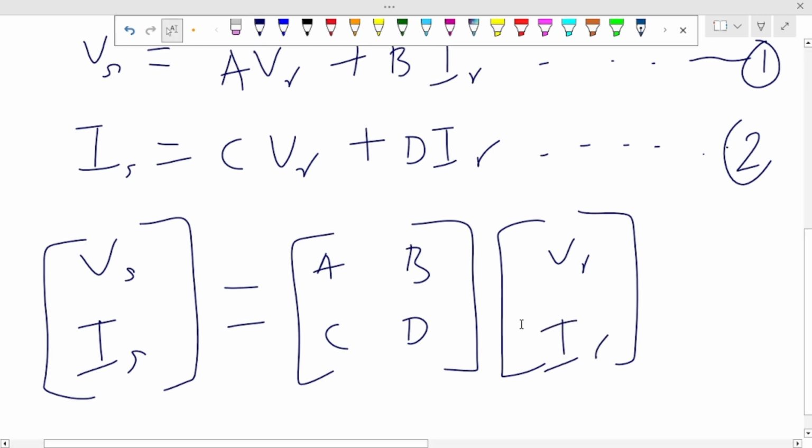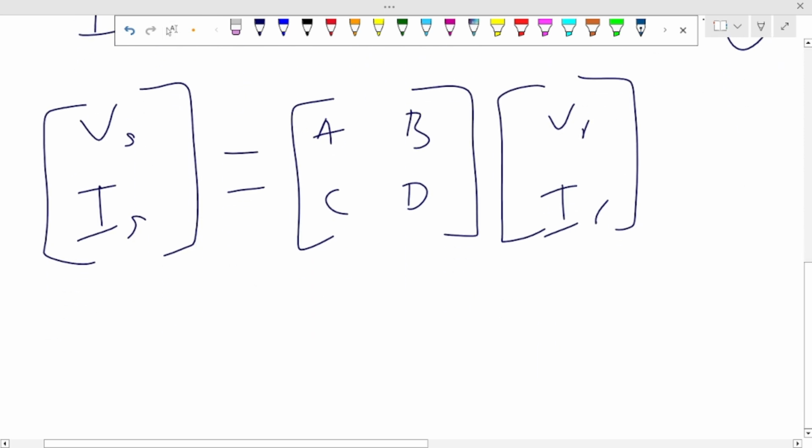From here you can return back by saying this multiplied by this gives you this, plus this multiplied by this gives you this. That's for the first equation, that's for Vs. Then for Is, you come to the second row, saying this multiplied by this, plus this multiplied by this, gives you this.